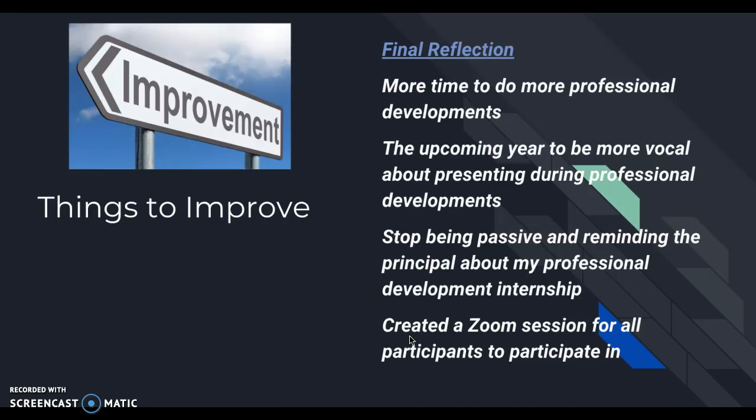I know I had a semester, but time went by very fast, especially with me not being as aggressive and very passive with my administrators who were giving me the runaround in terms of actually going through with this process of this professional development. The upcoming year, I want to be more vocal in terms of being able to present these activities and being able to present professional developments. And also, I need to continually remind the principal that I need to get the ball rolling.